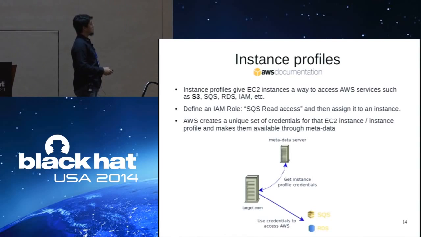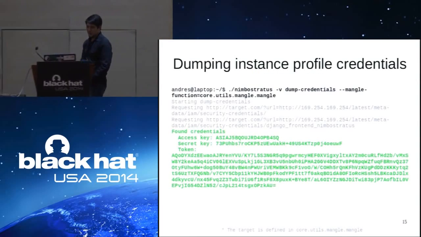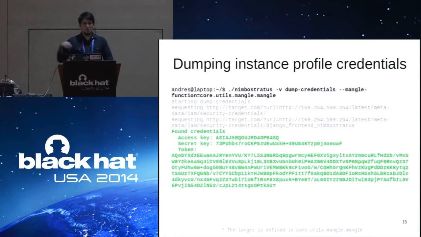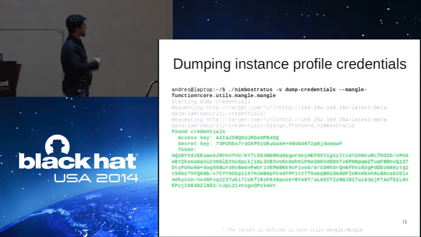Okay, so we have access to those credentials. I wrote a simple tool called dump credentials that you can use to get those credentials from the remote server. You get the access key, secret key, and a token.